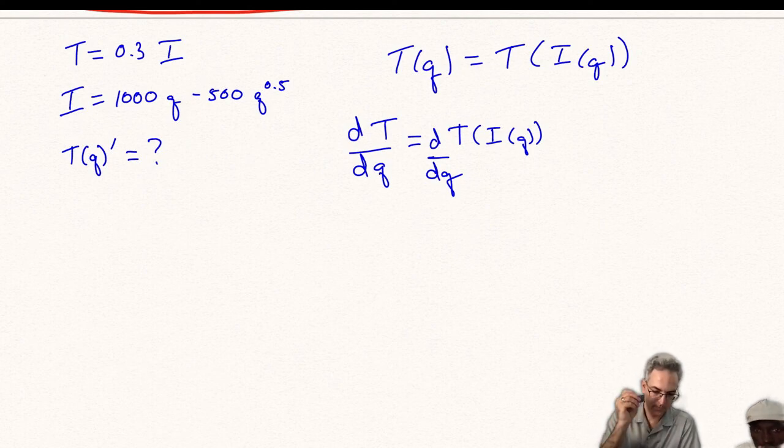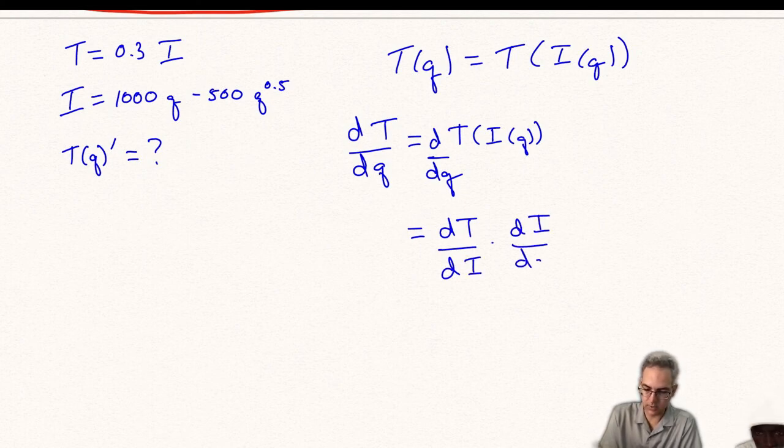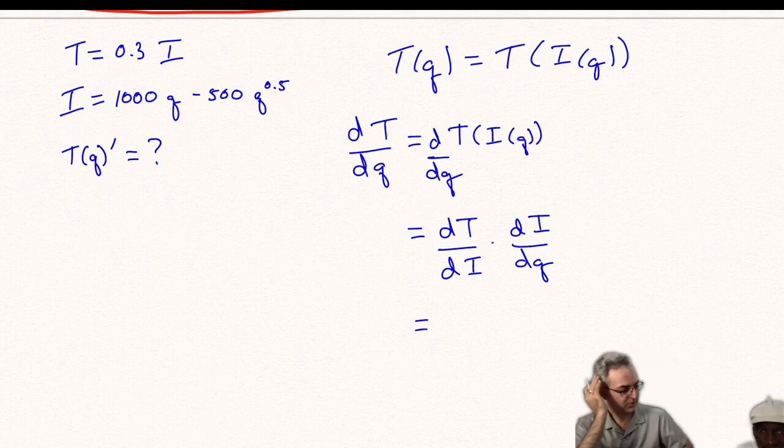Well, this might be complicated, except I know the chain rule. The chain rule says that I can first figure out how tax changes with income, and then how income changes with quantity. And now we can do this. How are we feeling so far? Do you follow the logic? So what is dTdi?